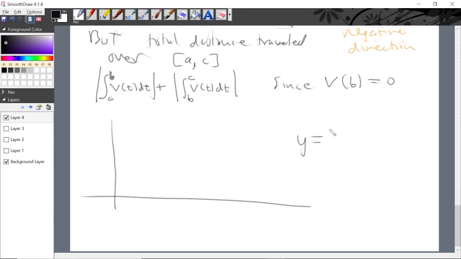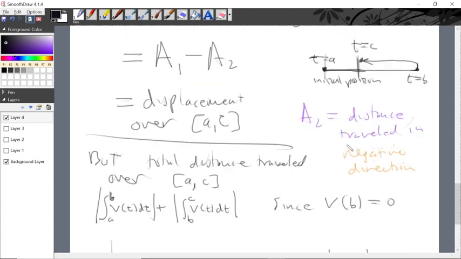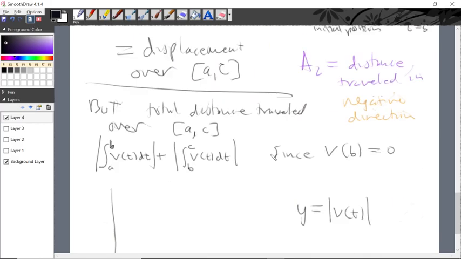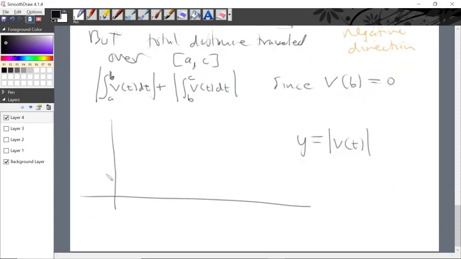If I wanted y equals the absolute value of v of t for the same function I had up here, kind of a bell-shaped curve that then came down below here, right? So it would be like from a to b, and then instead of going down like this, it's going to reflect up above the axis here to here, right? So there's a, here's b, here's c, okay?